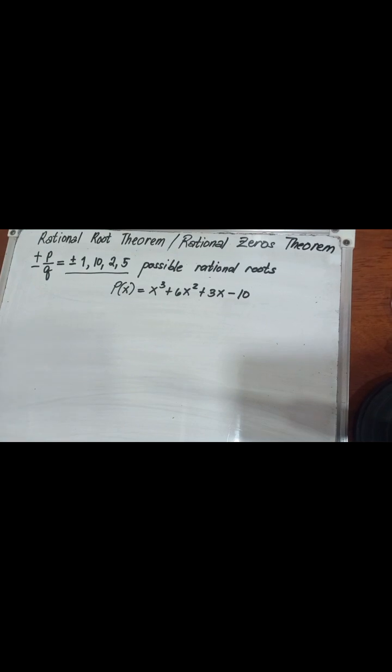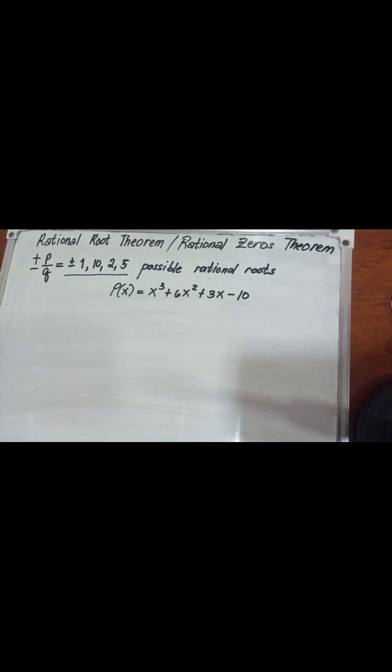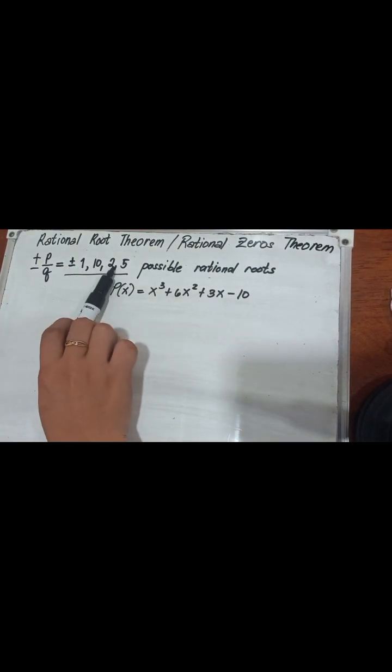This is not yet the zeros or the roots of our polynomial expression from earlier. So how will we identify the roots or the zeros for the polynomial expression? Again, to identify the roots or the zeros of our polynomial expression, we will use these values here.